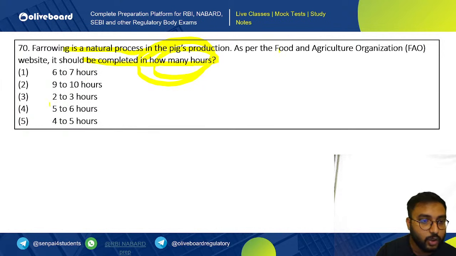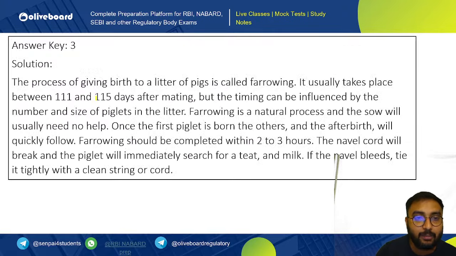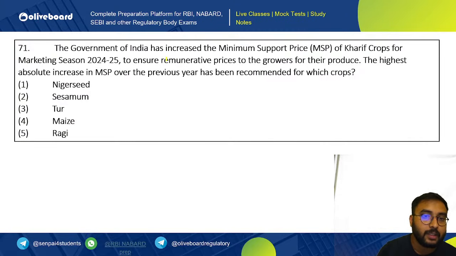So 3 is 2 to 3 hours. Okay, the answer is 2 to 3 hours. This is the farrowing process time required. Okay, and what is the gestation period for pigs? 111 to 115 days.